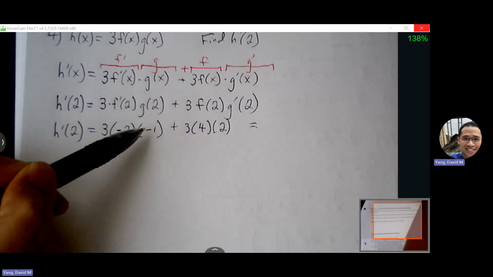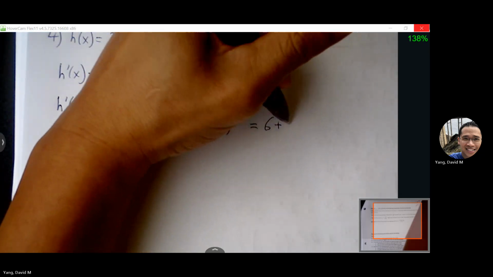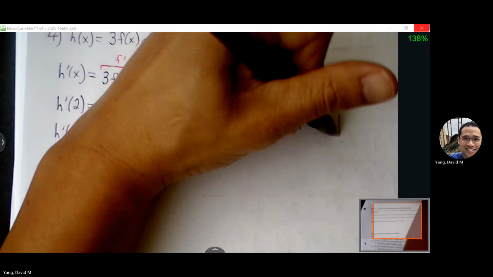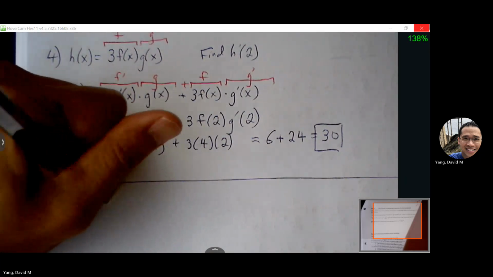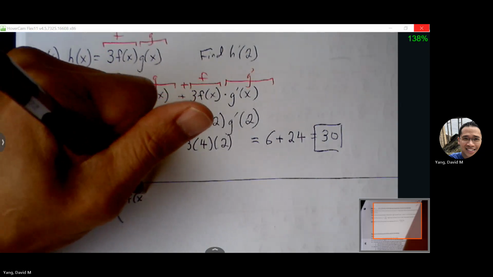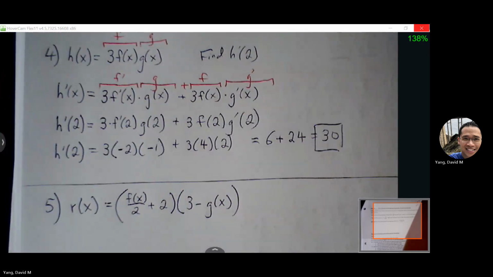F prime of 2 is -2, g of 2 is -1, f of 2 is 4, g prime of 2 is 2. All right, anybody still need number 4?